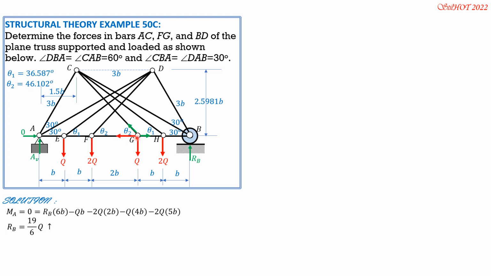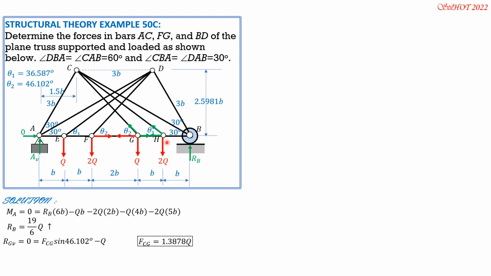That's F_FG. So therefore, sum of forces vertical equals 0 at G. So this is F_CG sine of theta 2, sine of 46.102 degrees, then minus Q. So from here, we can solve F_CG in terms of Q, 1.3878Q.